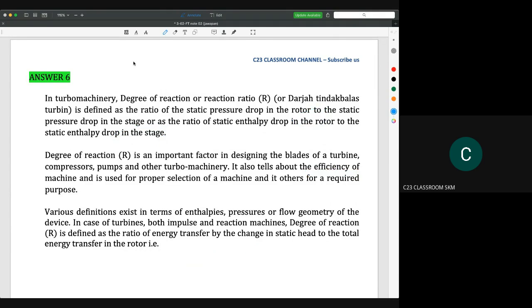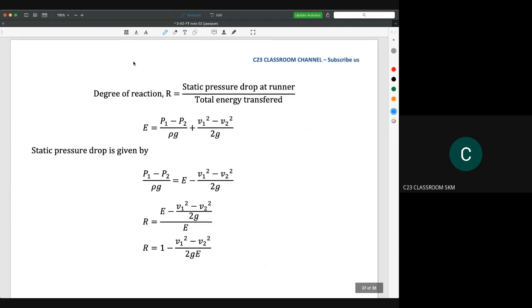If we look at the calculation, the degree of reaction is the static pressure drop at the runner over the total energy transferred. The energy here is this one. You can see that this is the difference of pressure head, and this is the difference of velocity head, and the E in this equation shows the head of turbine.